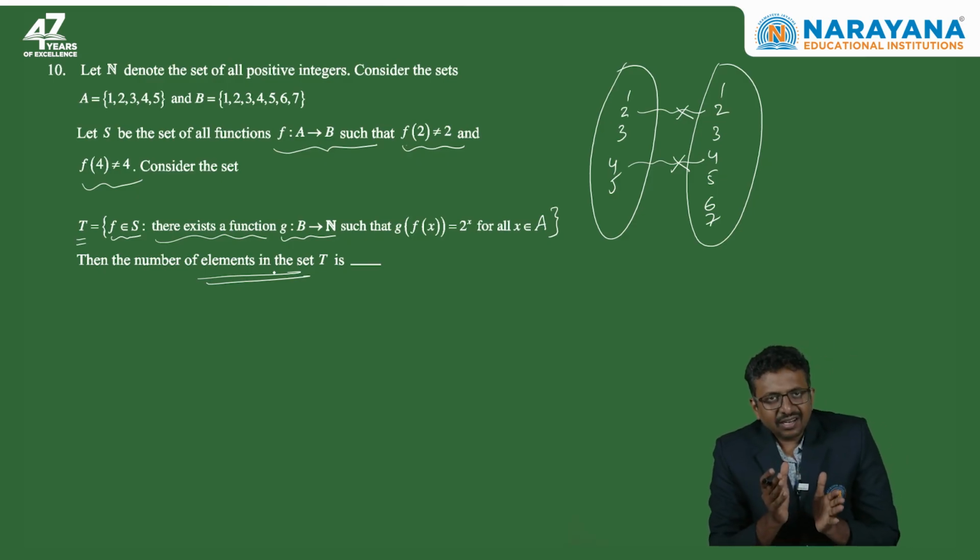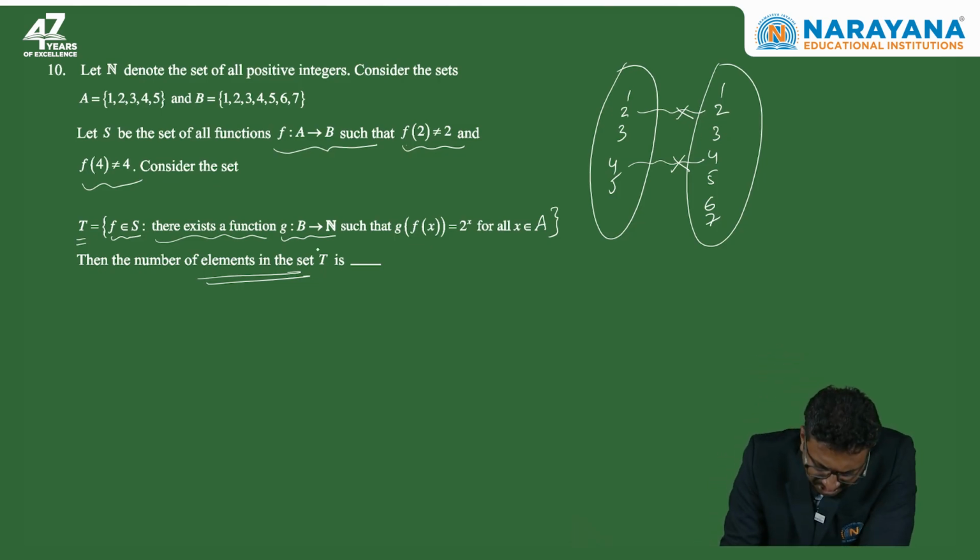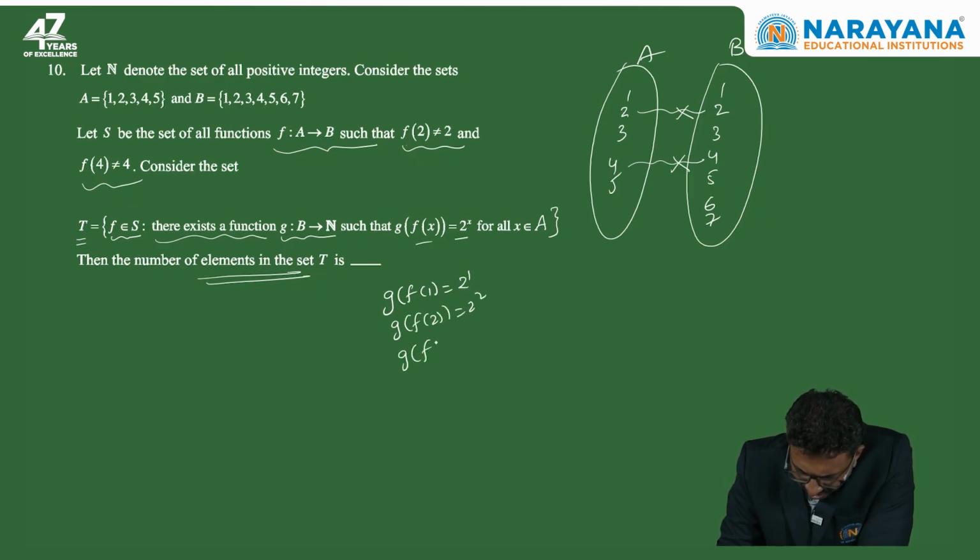So T contains all the functions f which belongs to S such that there exists a function g from B to n such that g of f of x is equal to 2 power x. That means g of f of 1 has to be equal to 2 power 1, g of f of 2 is equal to 2 square, g of f of 3 has to be equal to 2 cube, g of f of 4 is equal to 2 power 4, g of f of 5 has to be equal to 2 power 5.